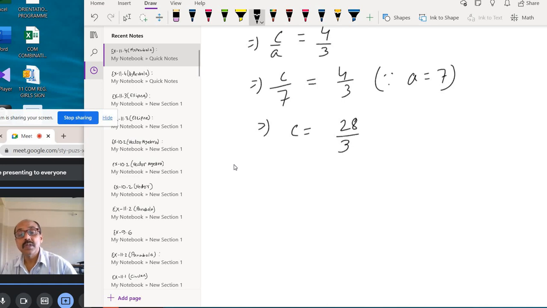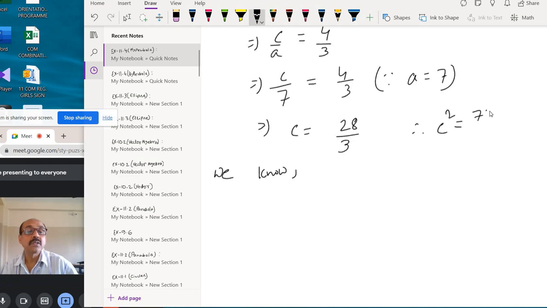Now c equal to 28 by 3, therefore c square equal to 784 by 9.